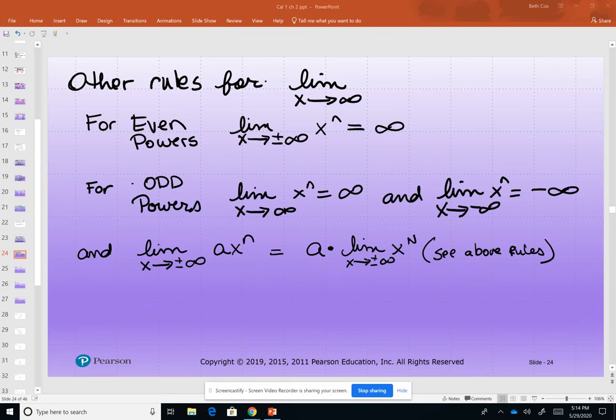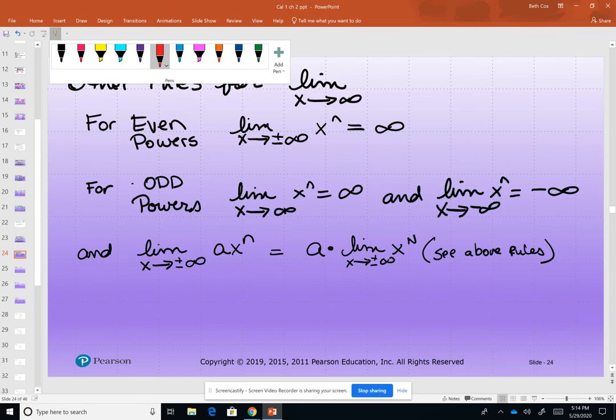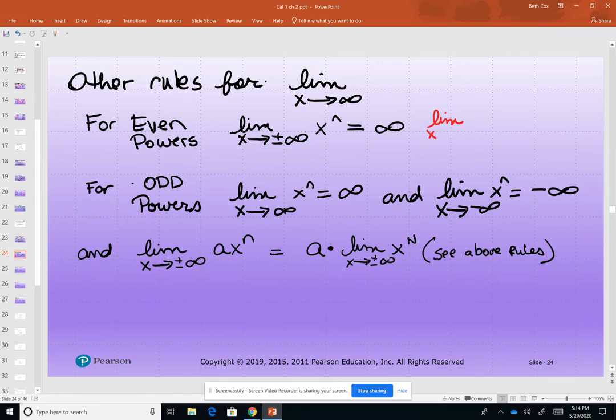For example, if I did the limit as x goes to positive infinity of x to the fourth, as x gets bigger and bigger, this thing's just going to get bigger and bigger. This is going to go to infinity.